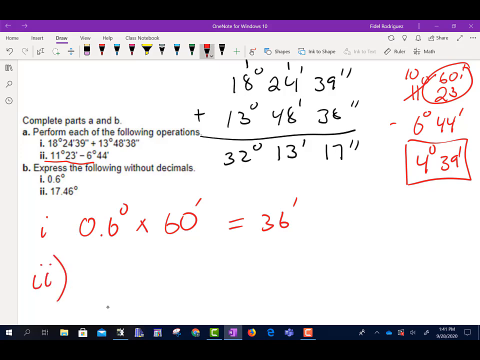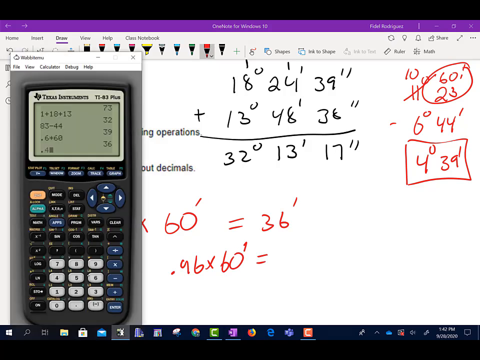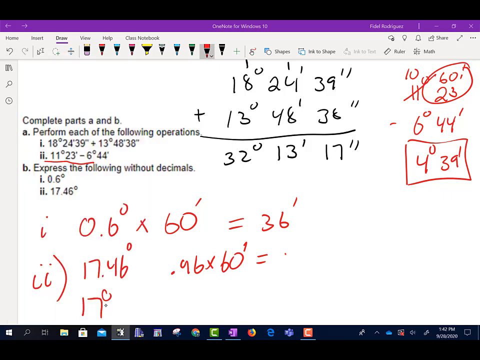For the second part, the 17 we're okay with. It's 17.46 degrees. The 17 we're fine with because that's in degrees. What we're going to do is we're going to convert the 0.46 to minutes and seconds. So I'm going to take my calculator again, 0.46 times 60, and that's going to give me 27.6 minutes.